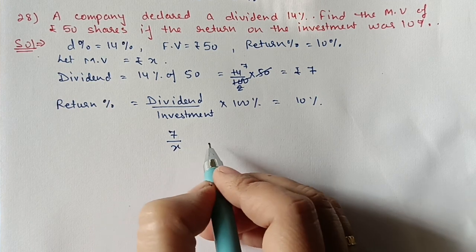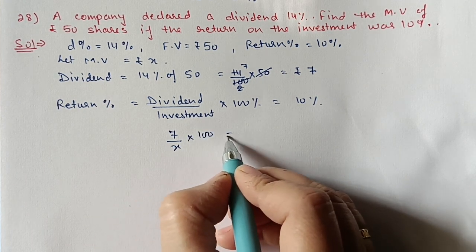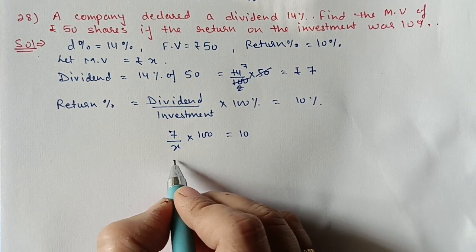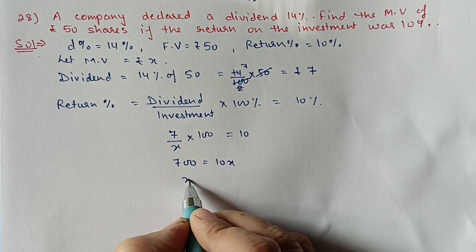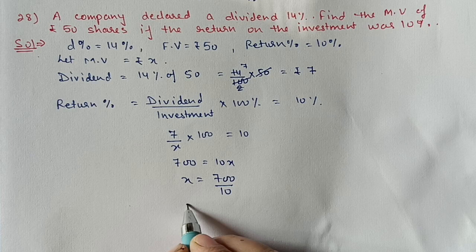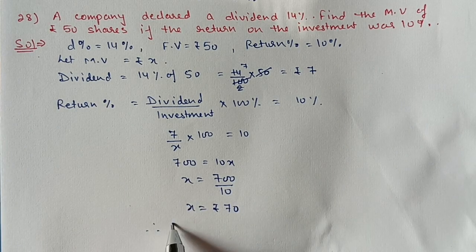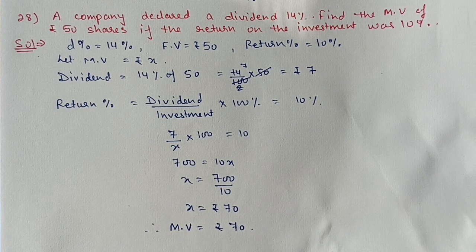Market value is the investment for one share, into 100%, equal to 10. So now X we can shift to the other side. 700 is equal to 10X. So the X value will be 700 by 10, which means 70 rupees. So the market value for one share we got here is 70 rupees.